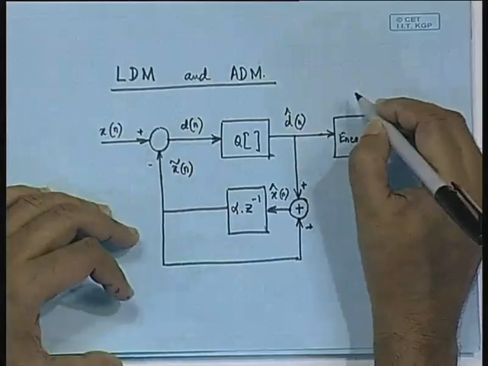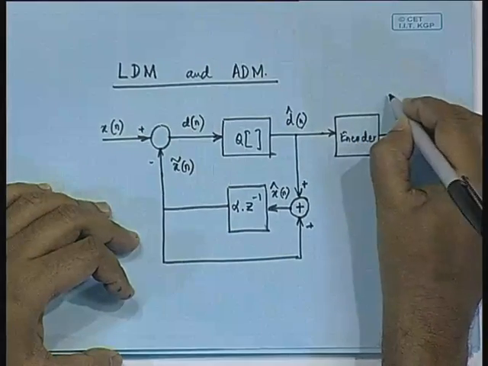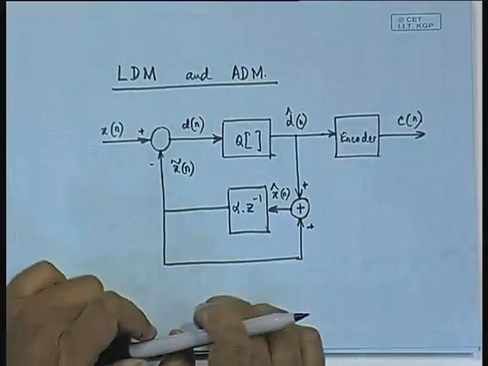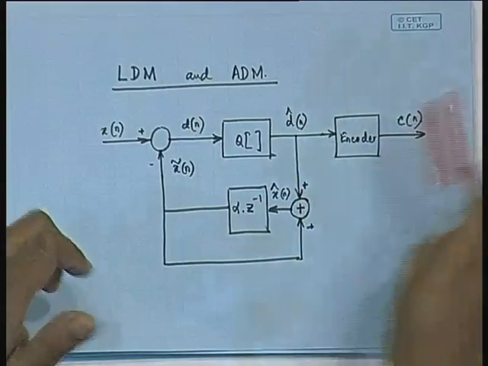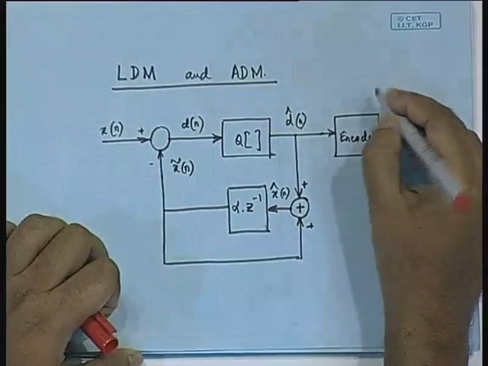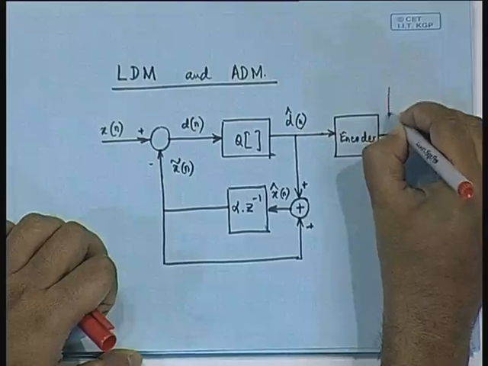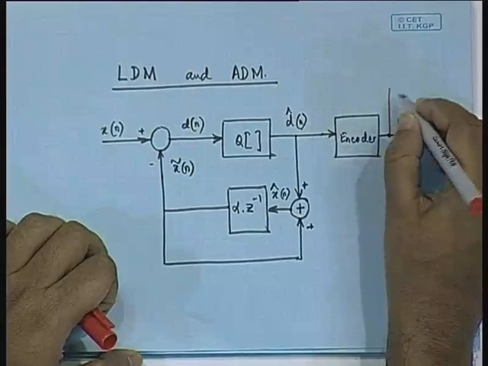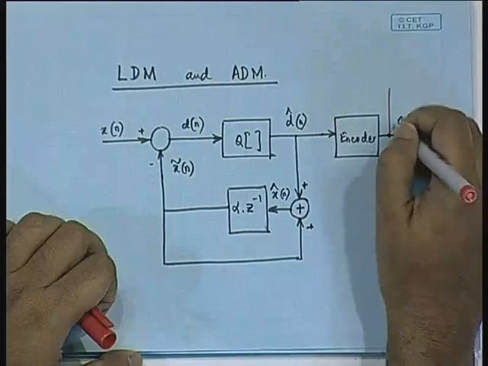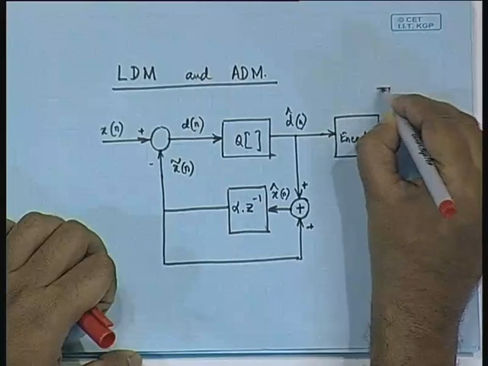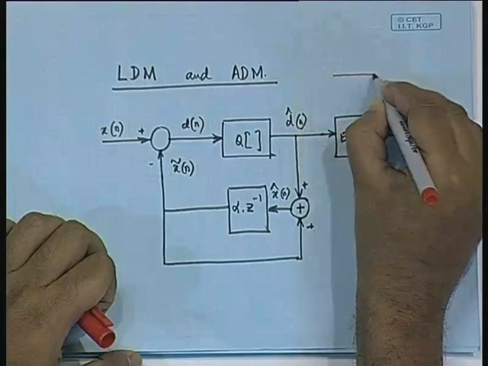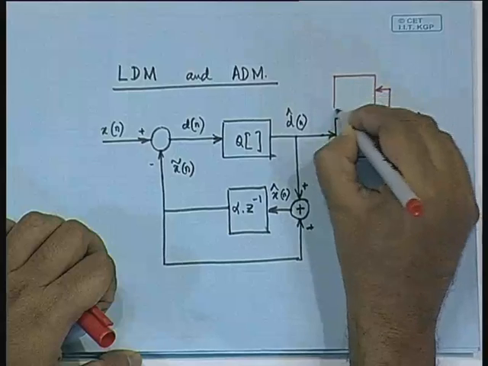So instead of redrawing the block diagram, I suppose if I draw only the added elements in a different color, that would be more prominent to you. So now we take a feedback from this C of n, and then we have a step size logic.